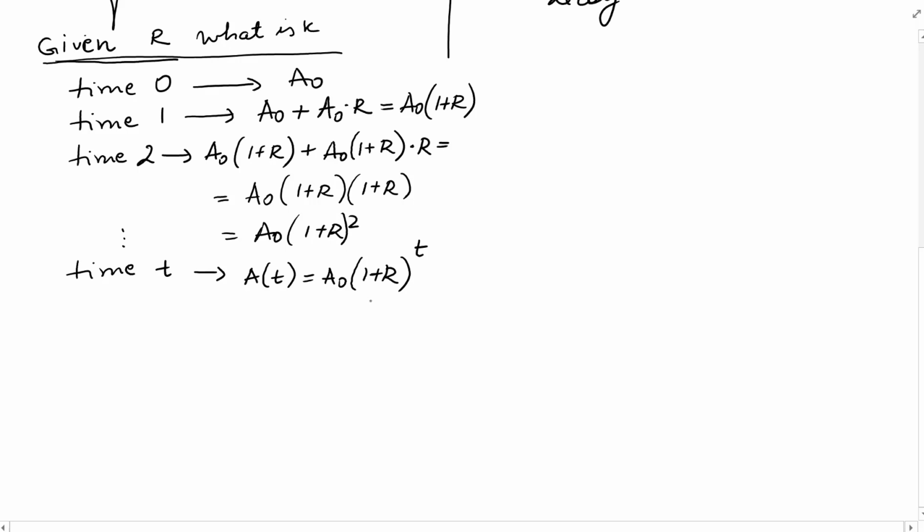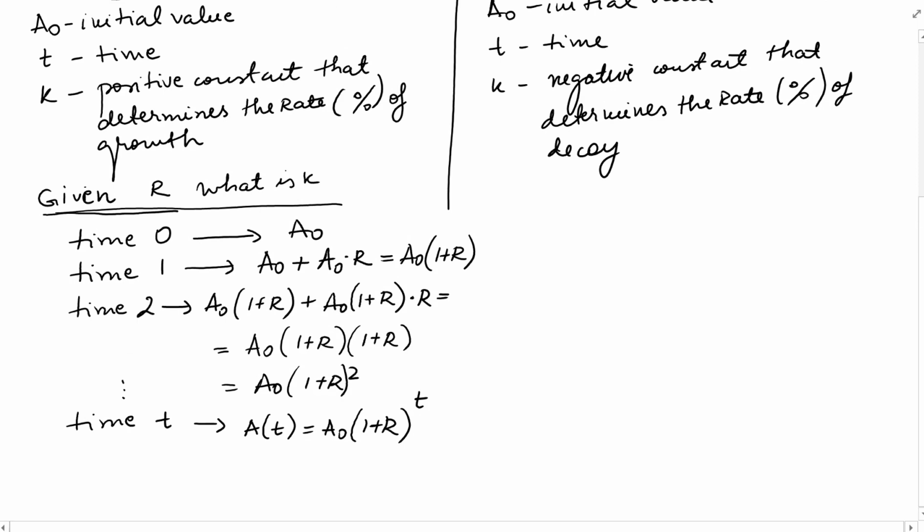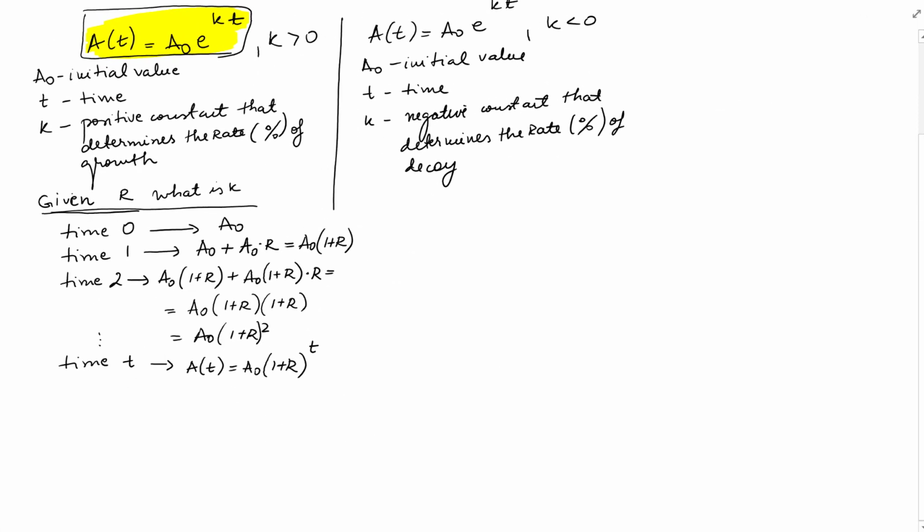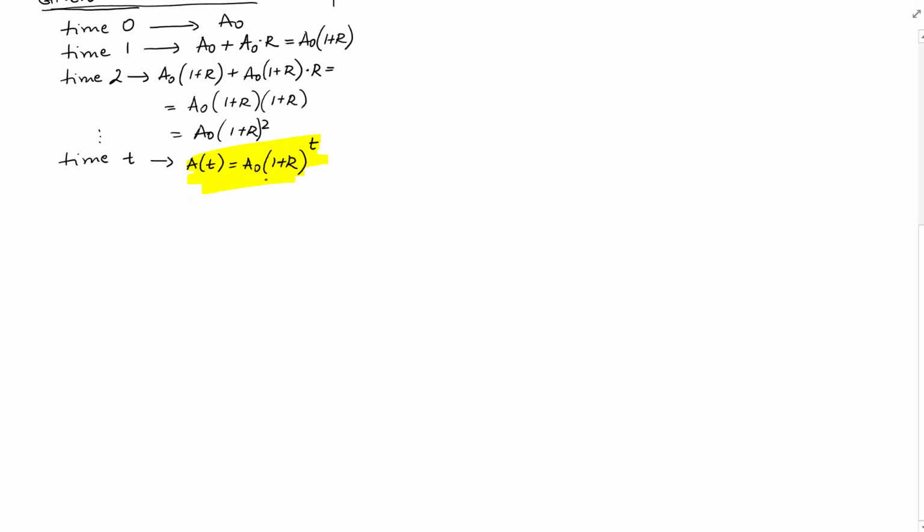So the question is, how do I get from what we obtained here to the function that we started with, the yellow one? Well, the key is to change the base of this quantity from 1 plus r to e.